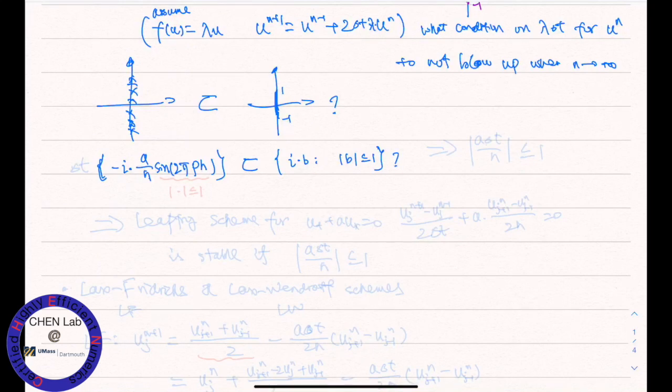This is times delta t, of course, so these are eigenvalues of A times delta t.